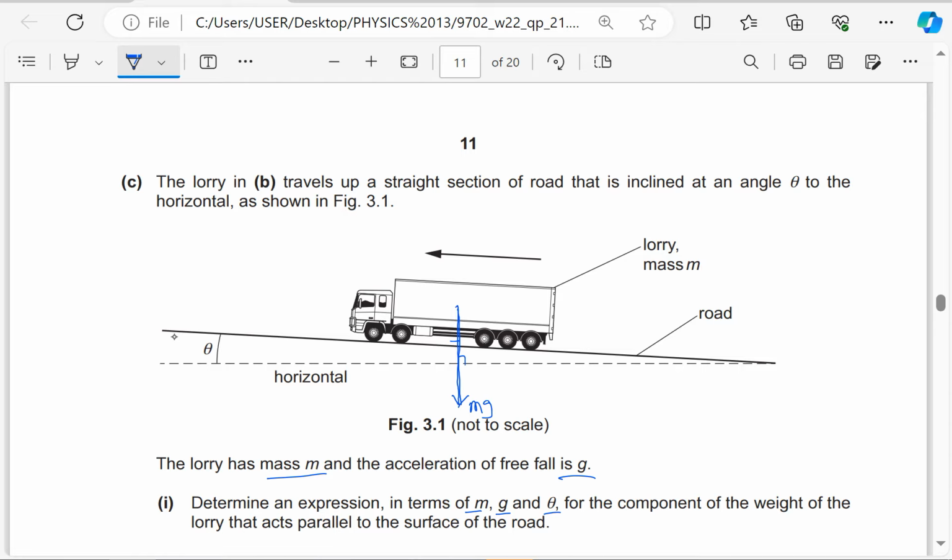If I resolve this perpendicular to the surface and also parallel to the surface, this angle here is going to be theta. So perpendicular to the surface is mg cos theta, which means parallel to the surface is going to be mg sine theta.